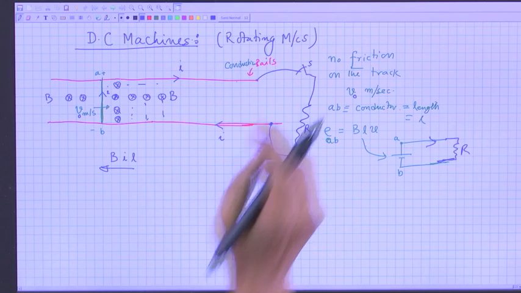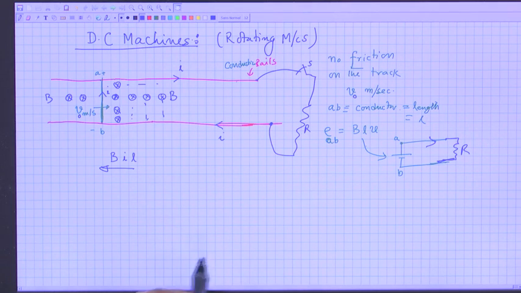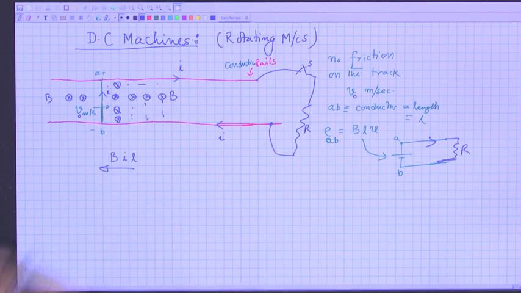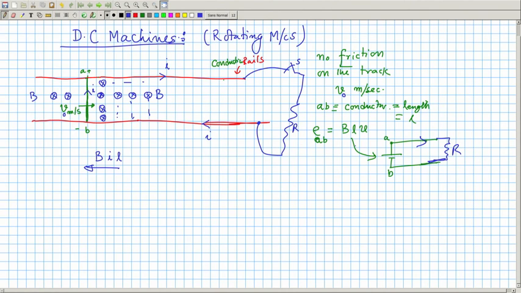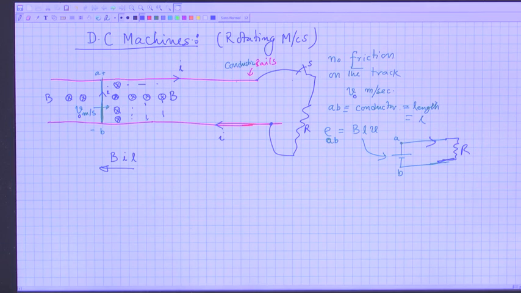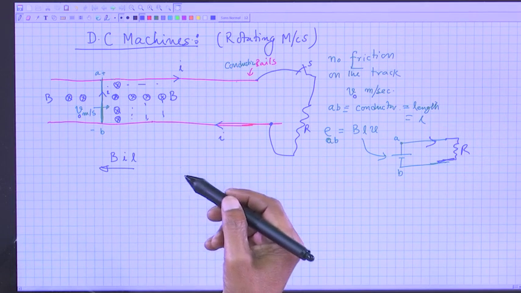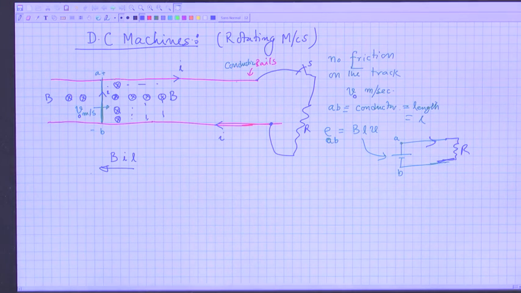So long as the switch was open, as I told you, the conductor was not experiencing any force whatsoever. It was just moving with constant velocity as per Newton's law. But the moment you close the switch, although friction etc. is not there, it will now experience a force in the opposite direction.